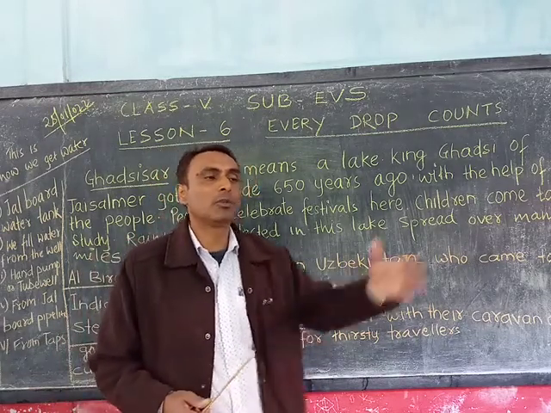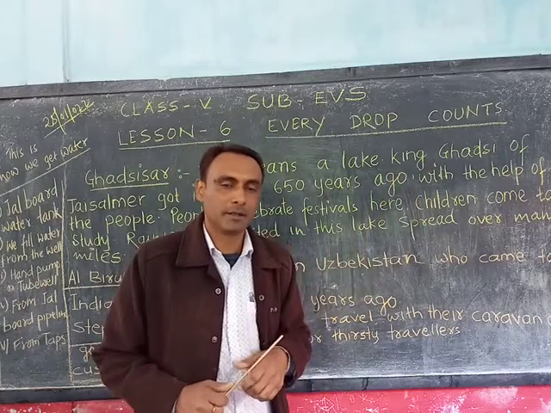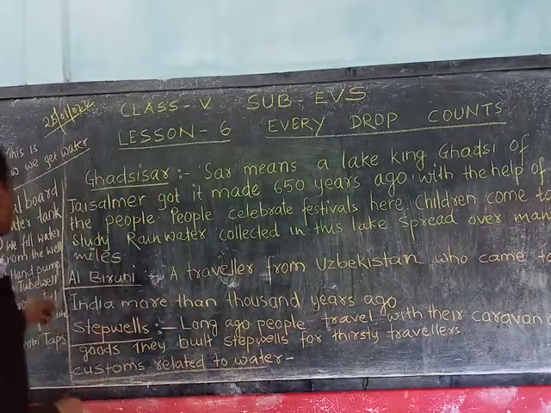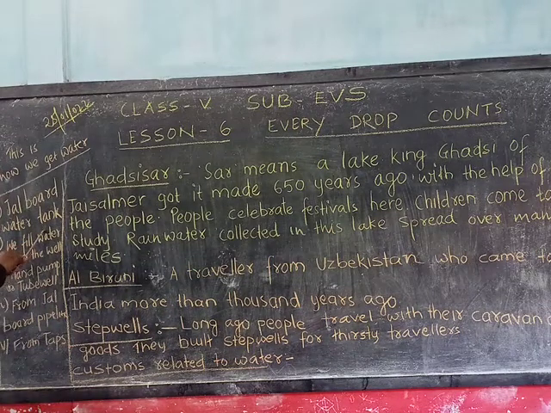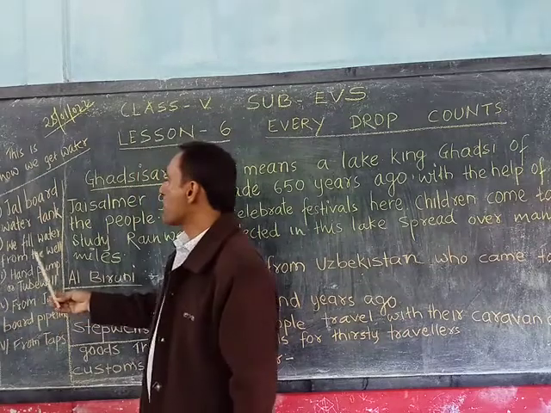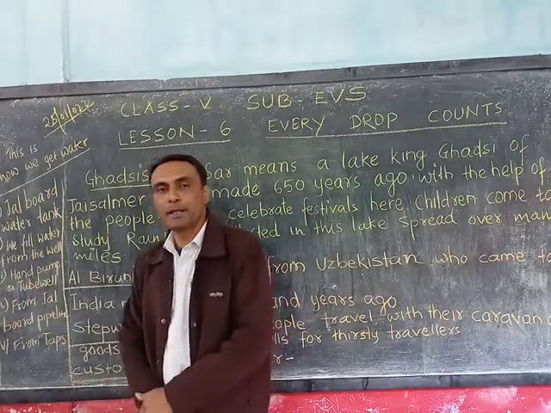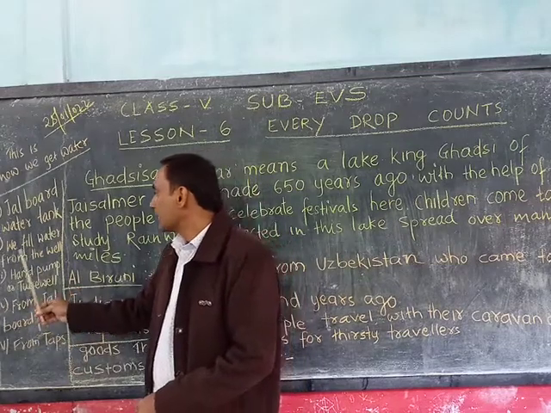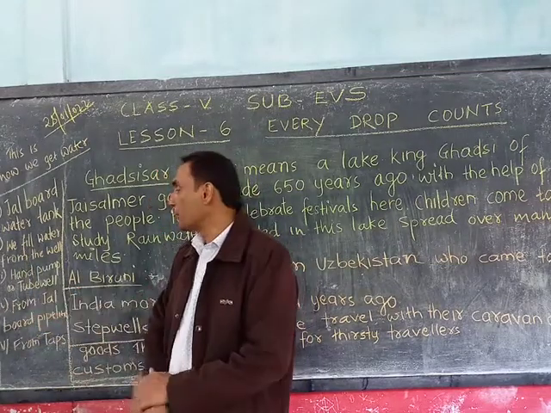We need not go to a pond to bring the water. We get water from the Jal Board water tank. We get water from the hand pump or tube well nowadays. And we get water from the well.